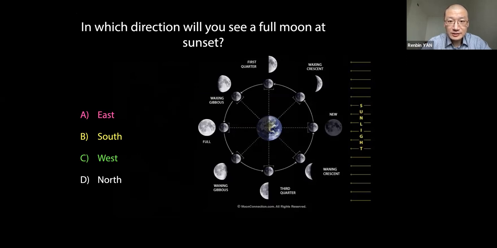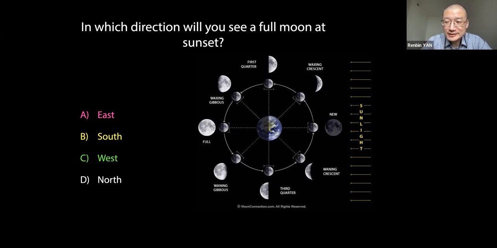We launch the poll. You can also borrow from your experience to answer these kinds of questions. When do you see a full moon at sunset? Which direction is it usually in?